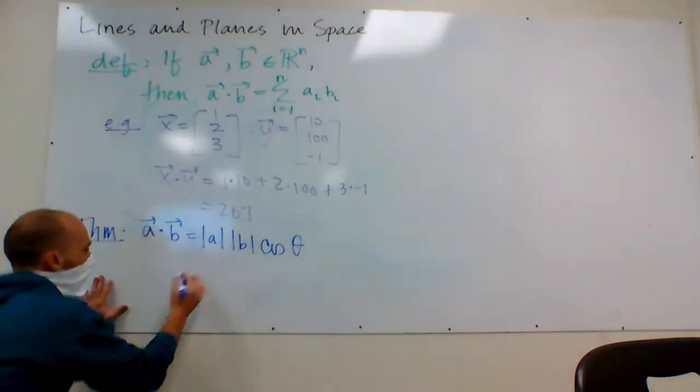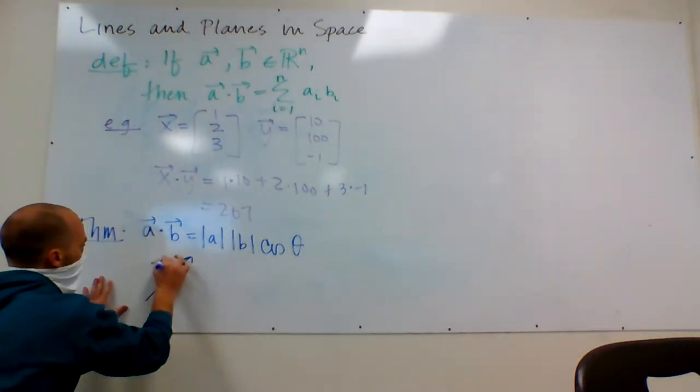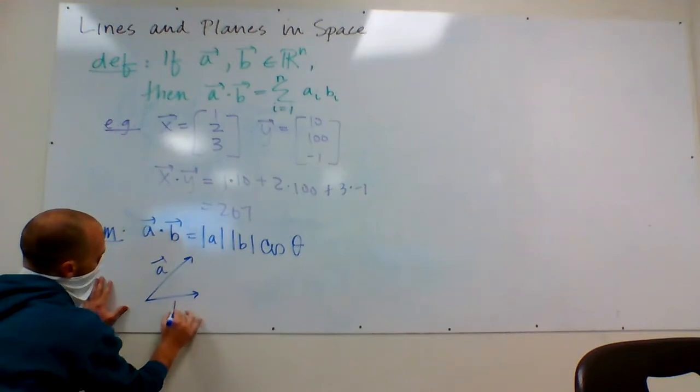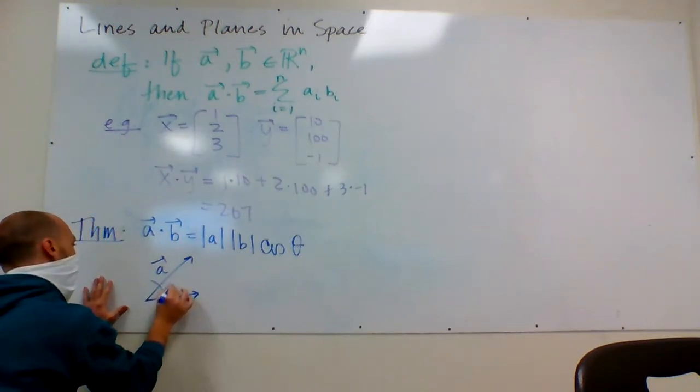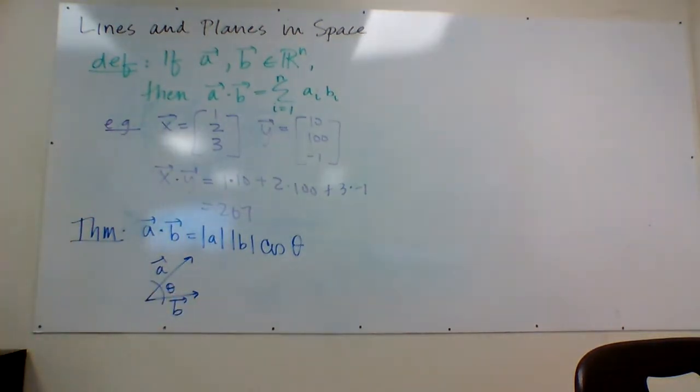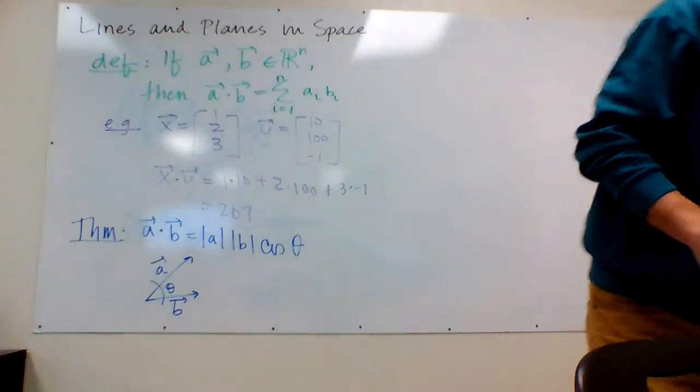So here's A, there's B, and this is the theta I'm talking about. That's going to be relevant to us. I don't exactly remember how it's going to be relevant, but I know that we will need it.